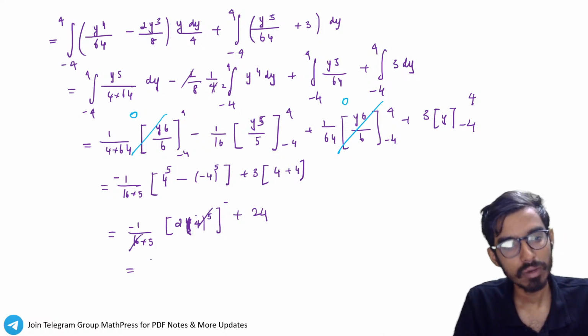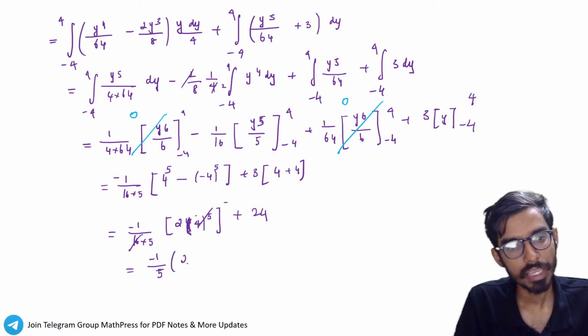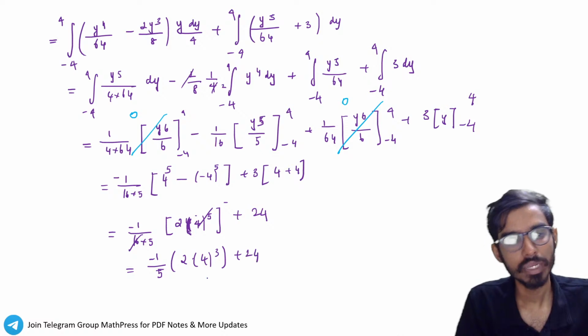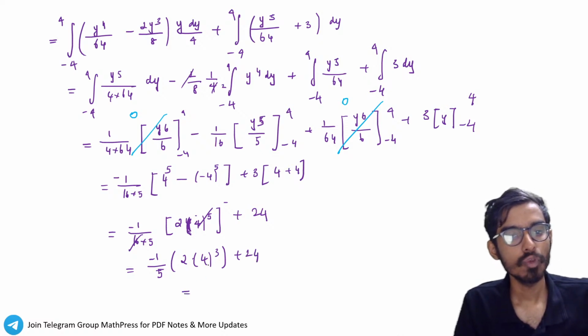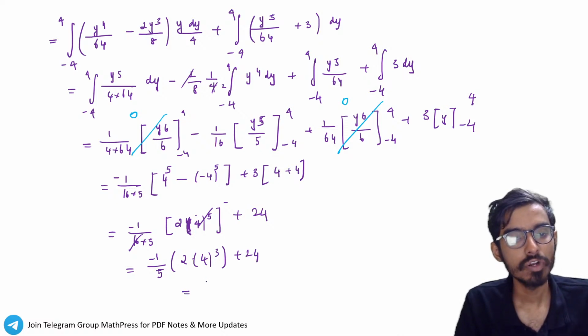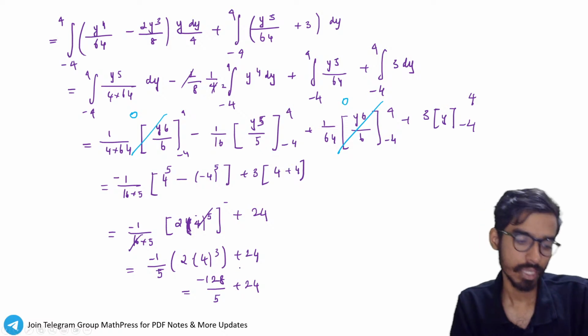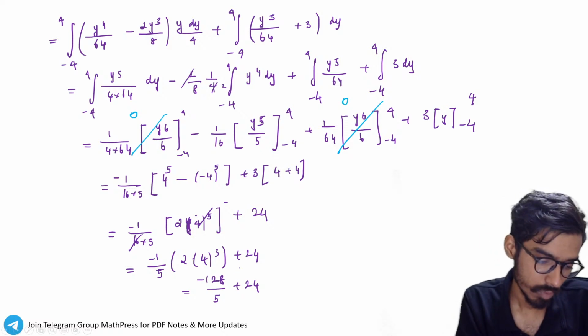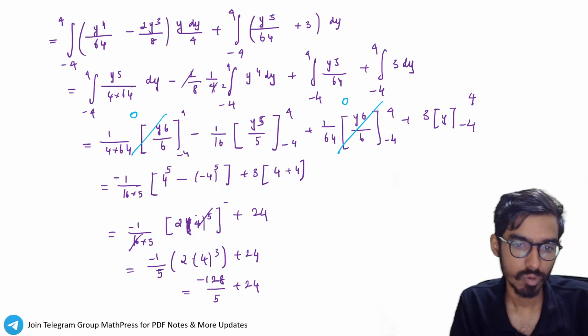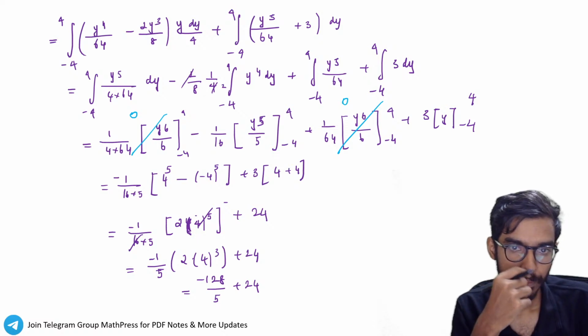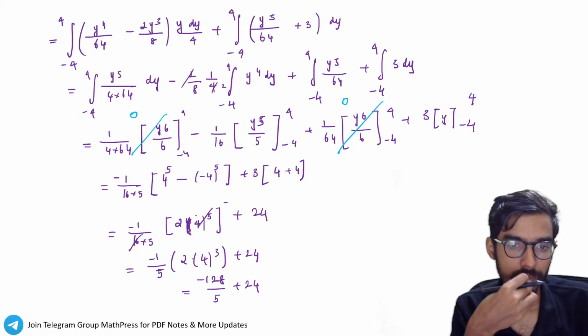So here we will have minus 1 by 5, 2 into 4 cube plus 24, right? So 4 cube is 64. 64 times 2 is 128. So we'll have minus 128 by 5 plus 24, right?